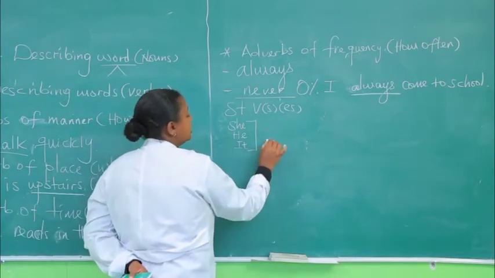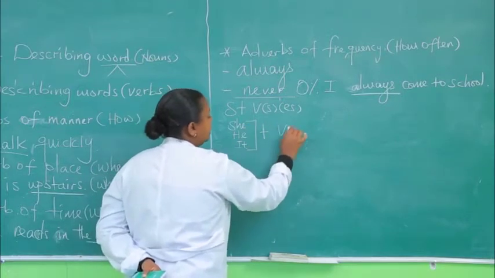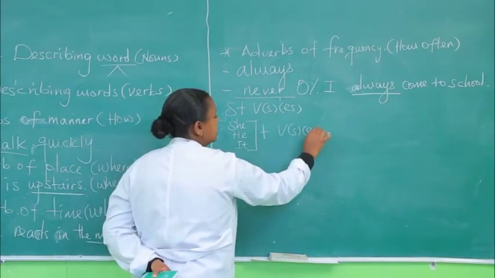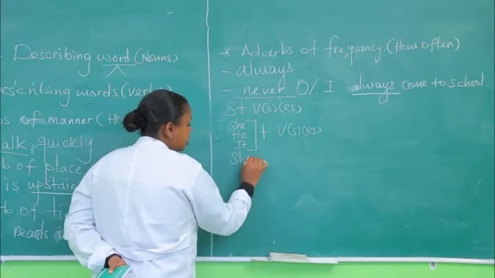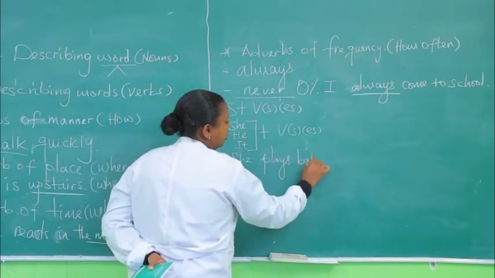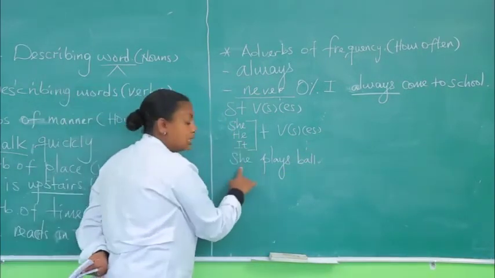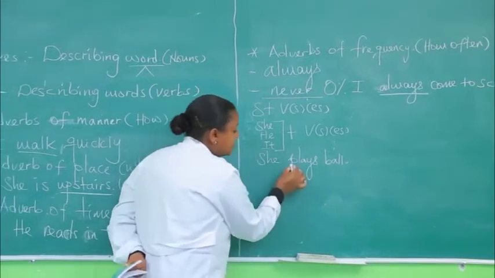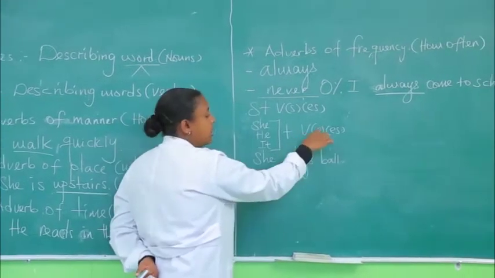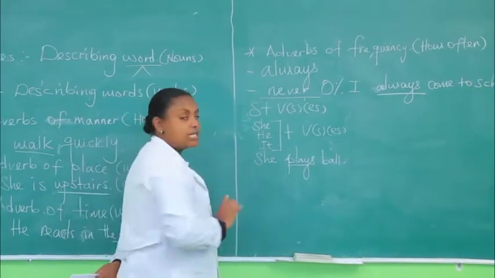This always takes a verb with s or es. Example, she plays ball. This is a sentence. This is the subject, a singular subject. This is the verb here, and we added s because the subject is singular.